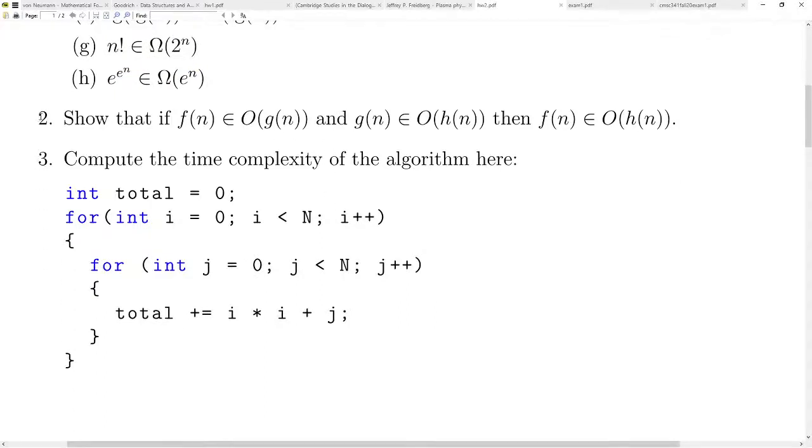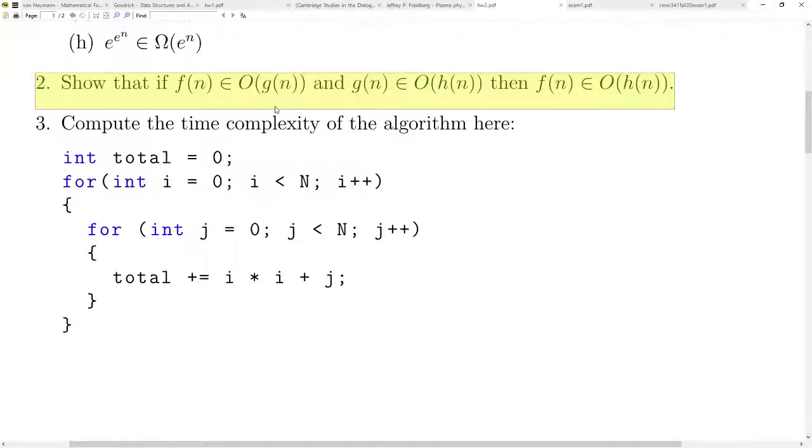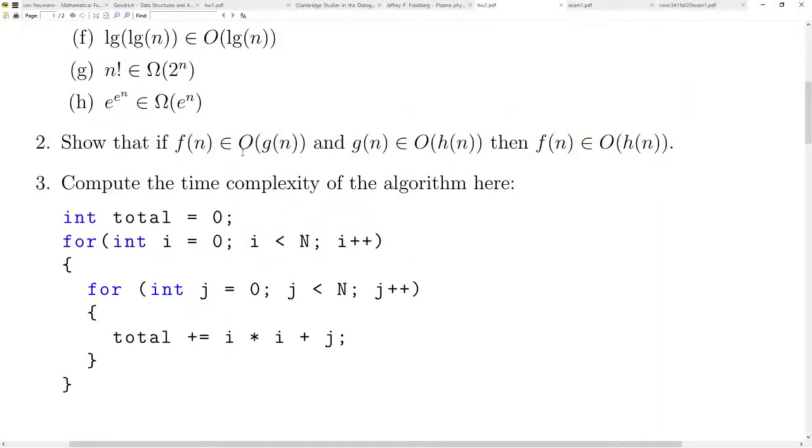So this one is actually a pretty straightforward proof. Basically, what you need to do is write out the definition of what it means to be big O, right?